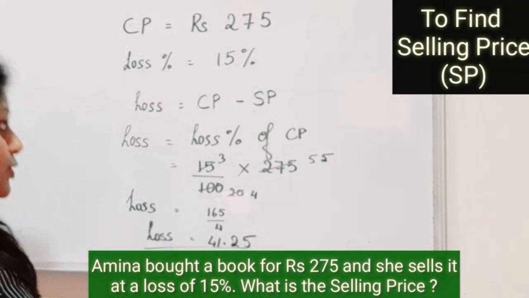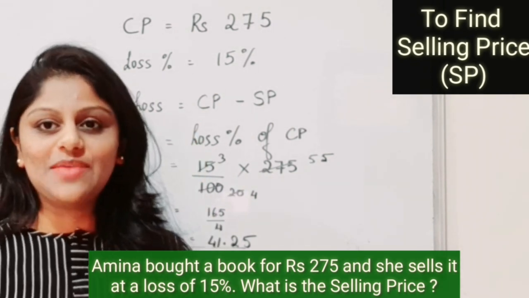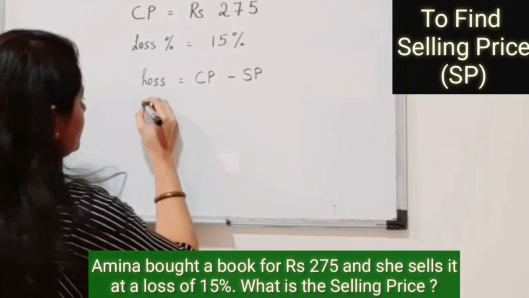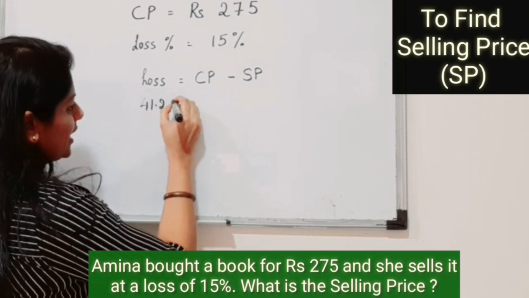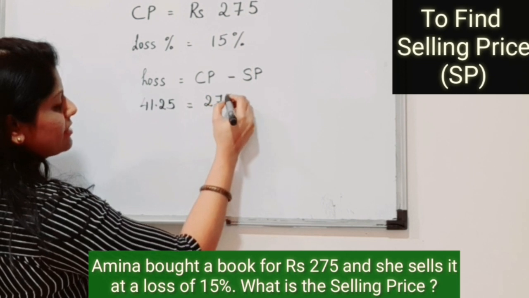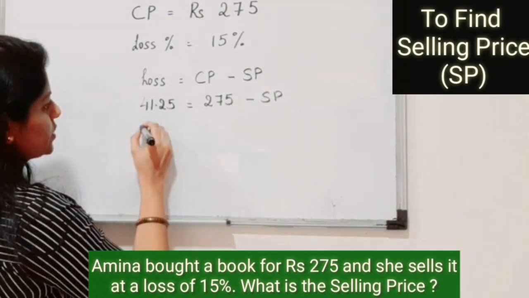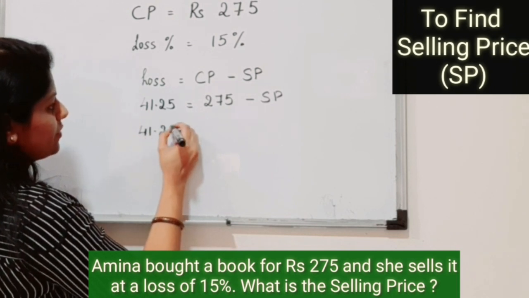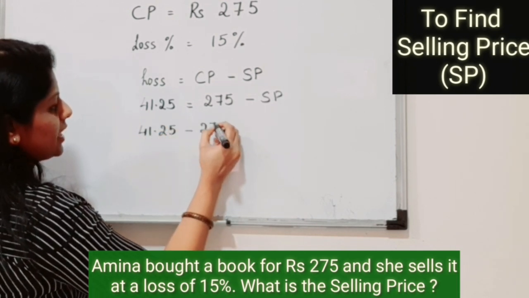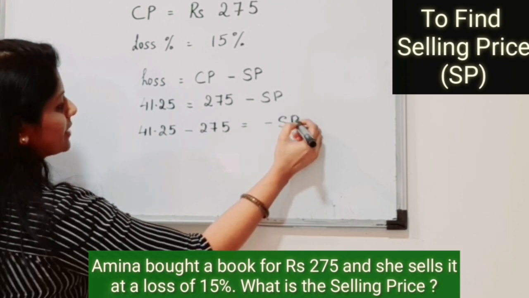Now let's substitute this loss value and the CP value, and we will get the selling price. Loss is 41.25, that is equivalent to CP, which is 275, minus SP. Therefore we will take this to the other side. So 41.25 minus 275 is equivalent to minus SP.